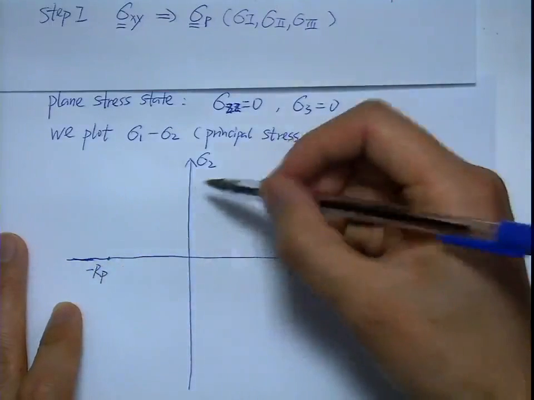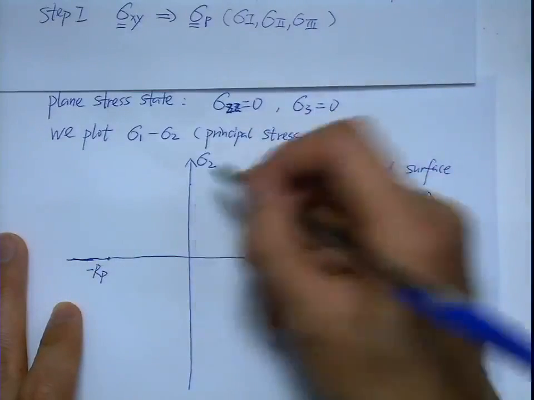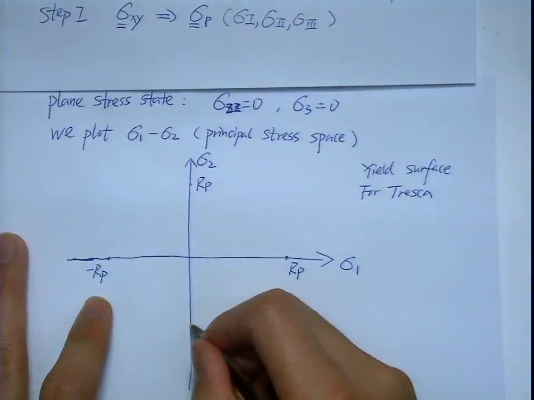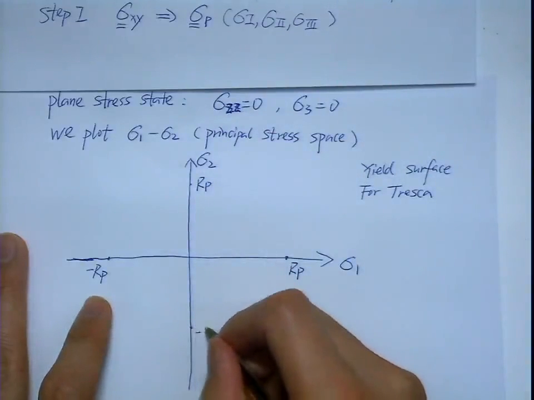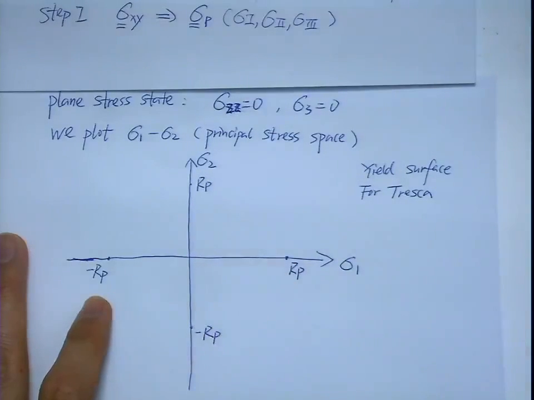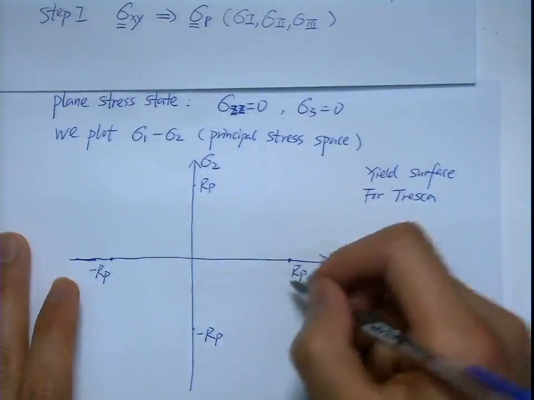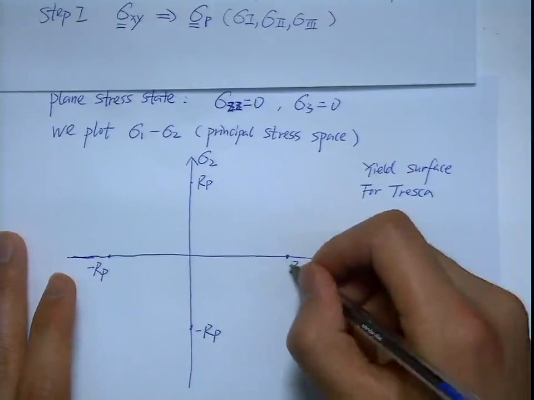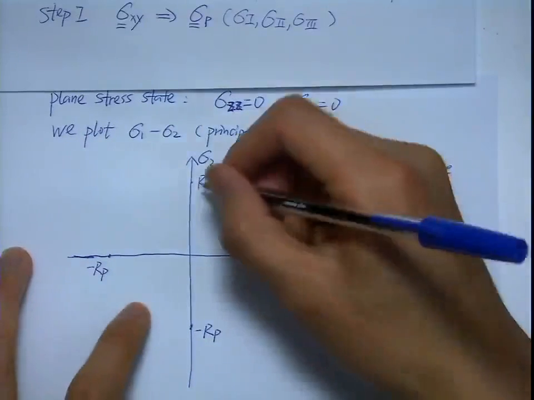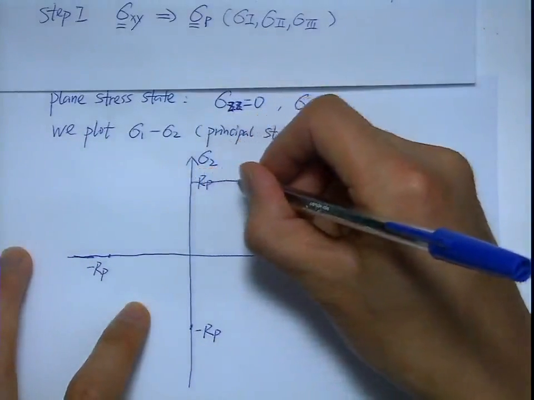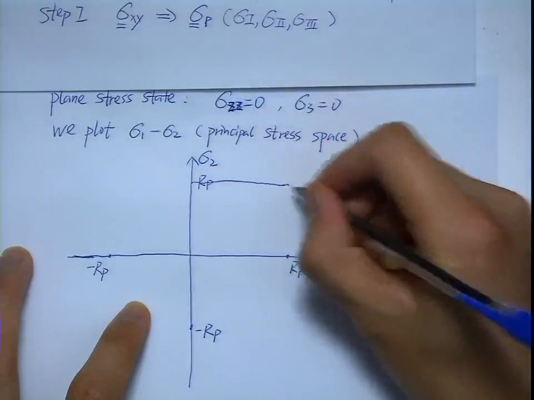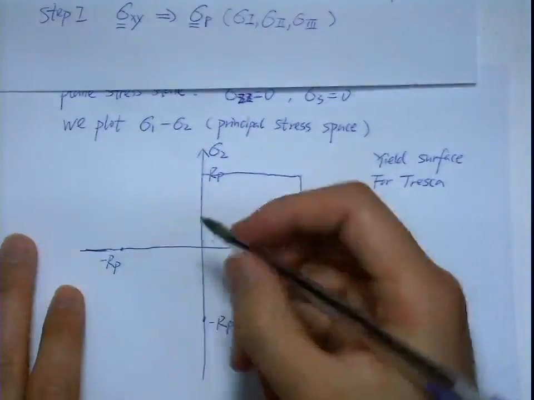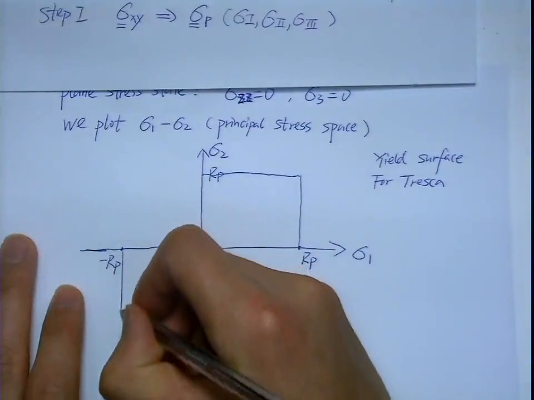And if you do that in the transverse direction, similarly, the yield strength is the same. RP here, negative RP here. It should be equal, but here it looks like not equal, sorry. But basically, I just connect this line and connect this line. I will explain that to you later.